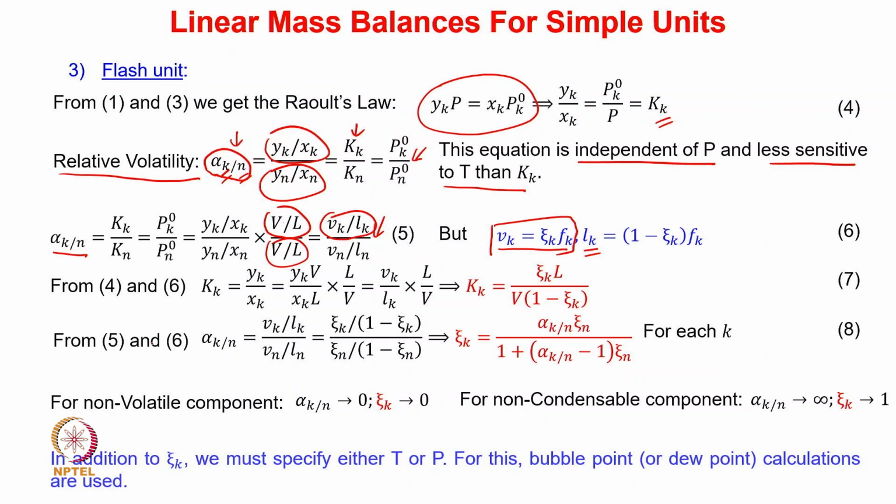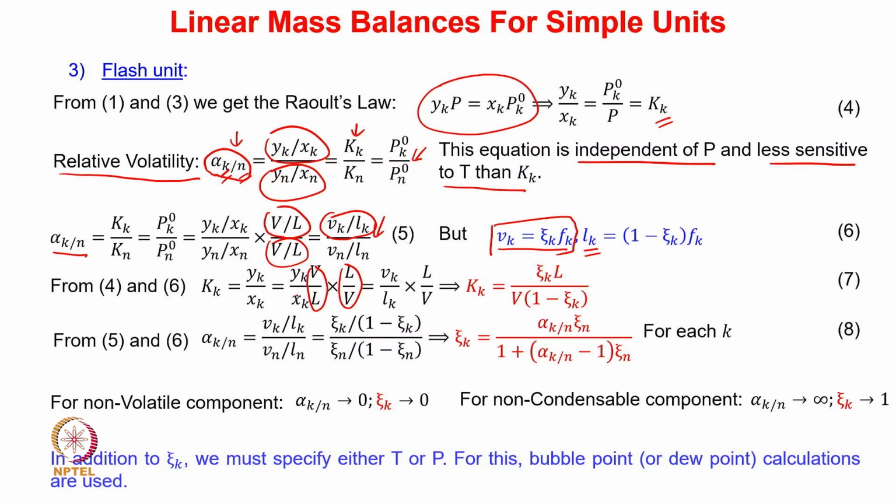So now from equation 4, this is the equation we have obtained. Yk by xk is given as Kk, isn't it? Yk by xk is given as Kk. Now yk by xk we can multiply and divide by this V by L. So V by L into L by V. So these two factors are going to get cancelled out with each other. It doesn't matter, isn't it? So we are multiplying and dividing the same factor here.